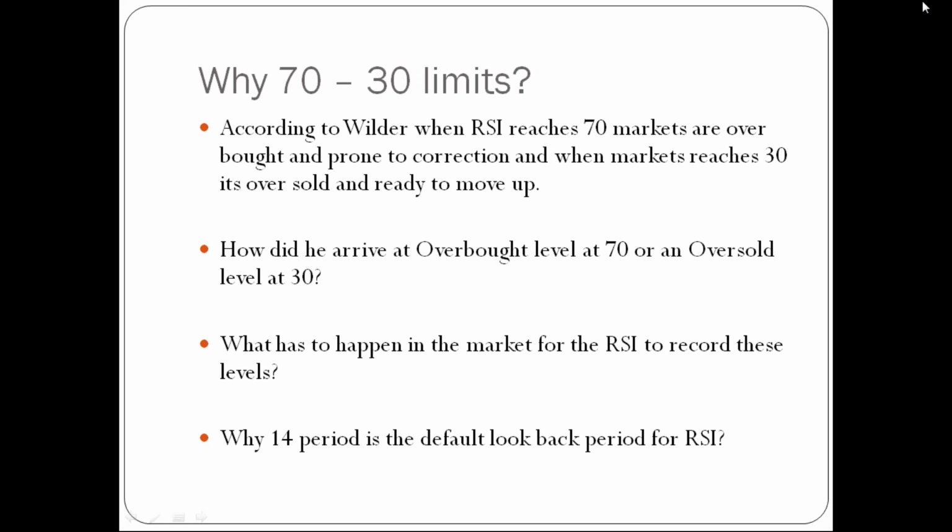You can type your thoughts in the chat box. What has made the RSI move into the 70 zone and what has made it move into the 30 zone? What would have happened in the market? Anybody?